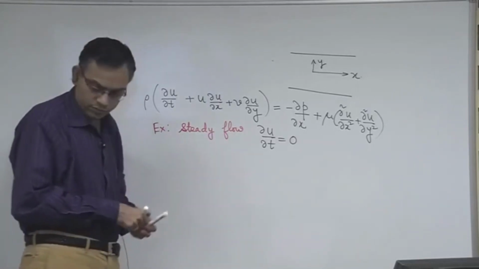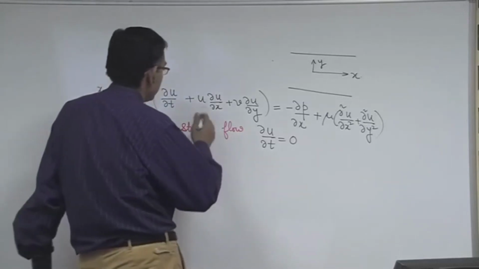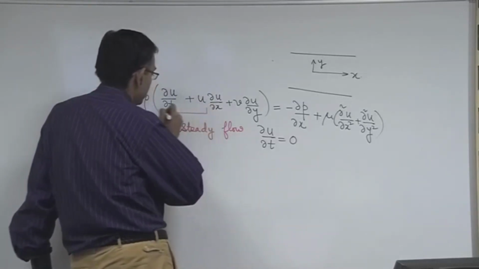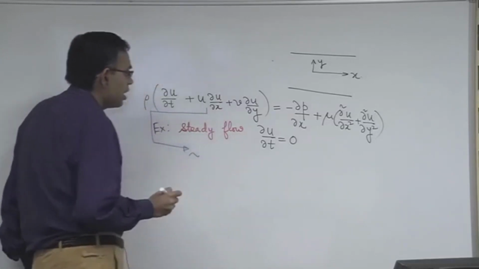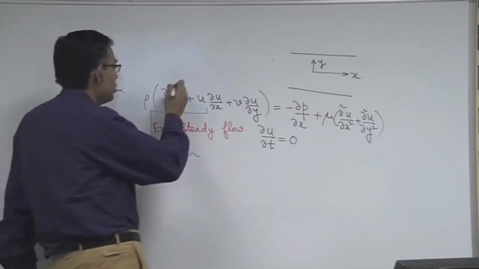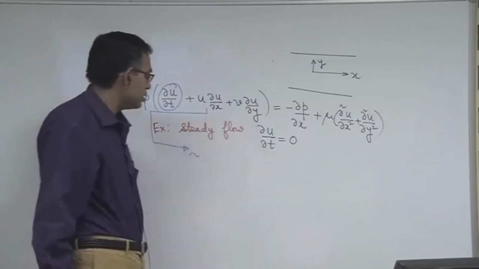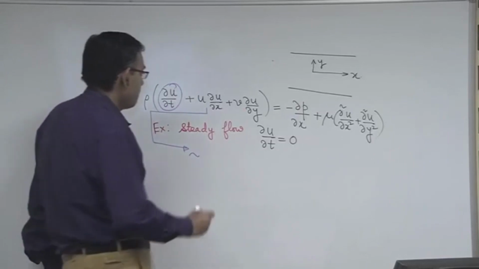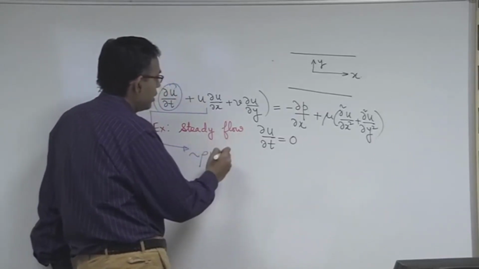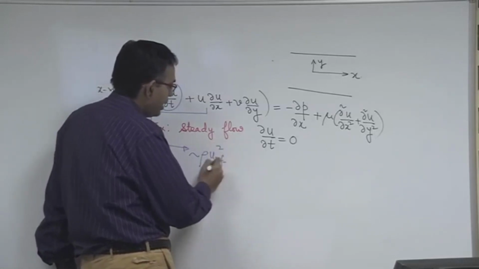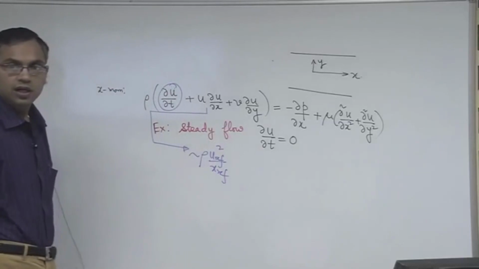Then we consider the orders of magnitude of various other terms. This term is not there for steady flow, but let us consider the other two terms. So, rho u reference square by x reference, that is the order of magnitude of this term.